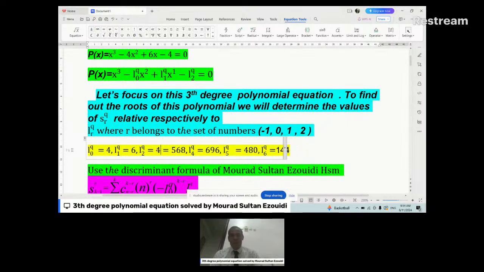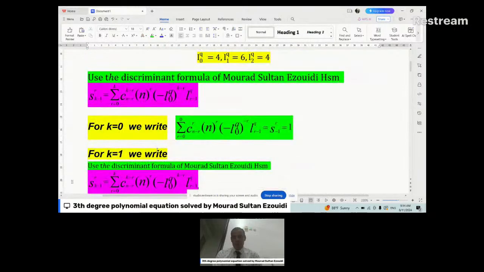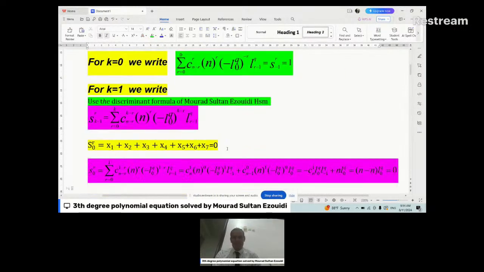So here, learners, I'm going to work with this. I want to find S1 or S2. Now I'm going to work with S1, which uses the same formula.